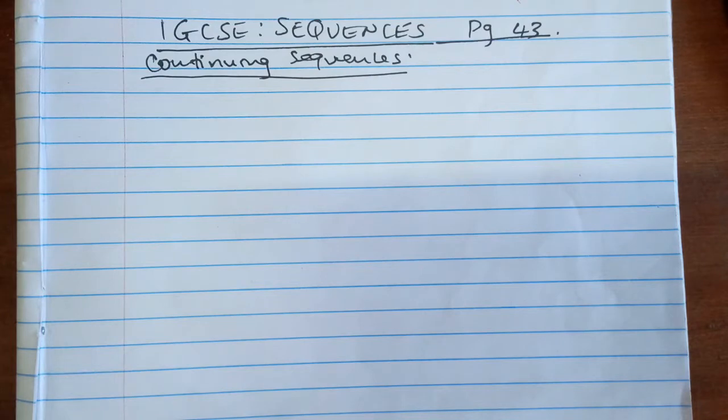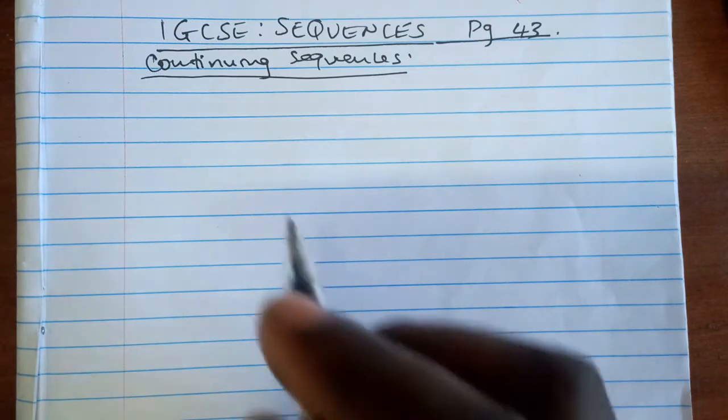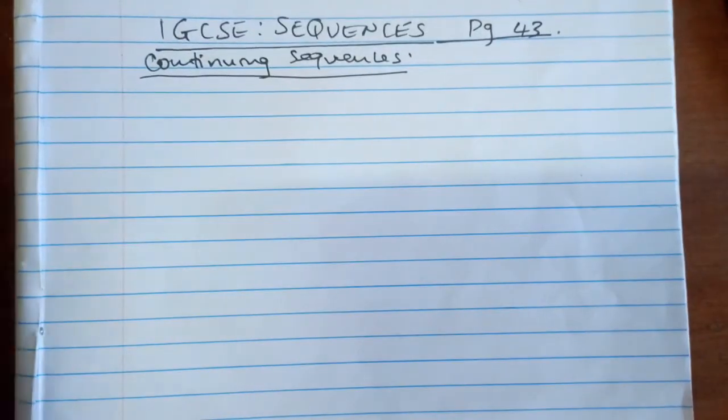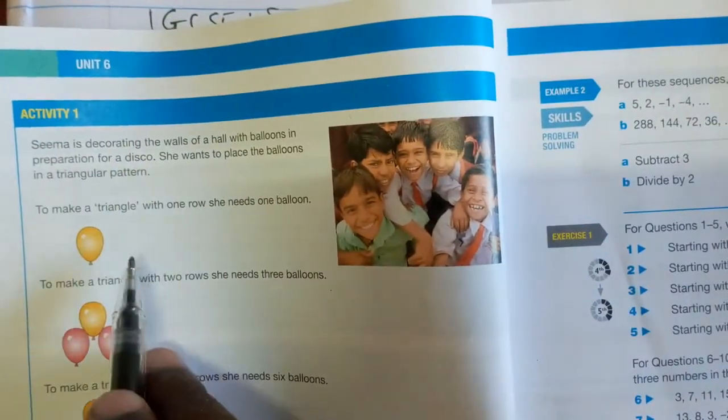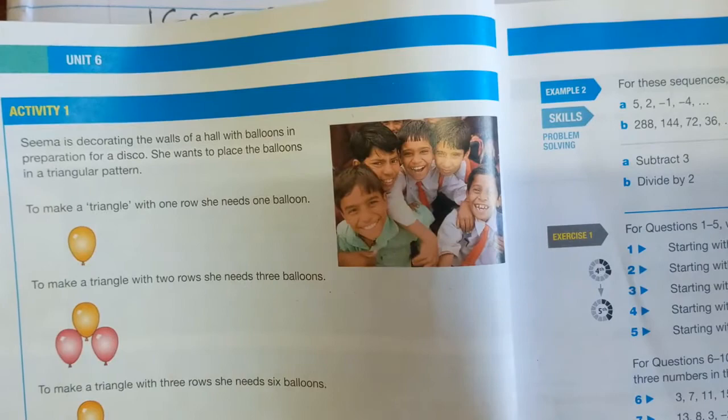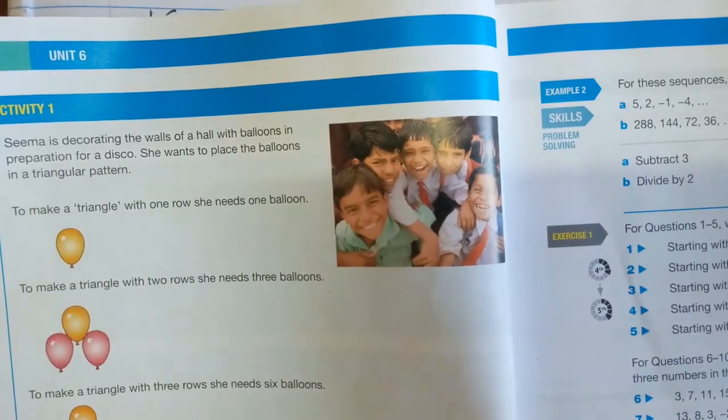There is an activity on page 44 before we go to example 1. We are told that Seema is decorating the walls of a hall with balloons in preparation for a disco. She wants to place the balloons in a triangular pattern. To make a triangle with one row, she needed one balloon.